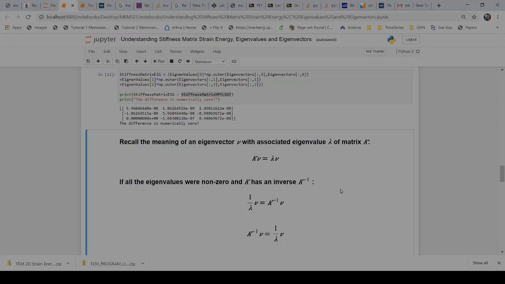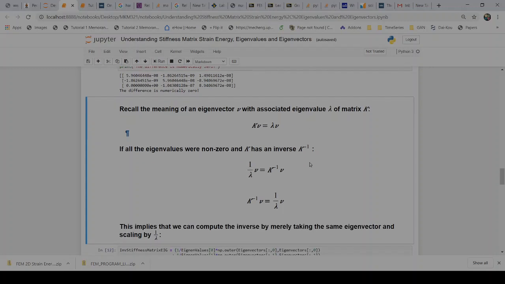There's a nice interpretation of this if I think of it as Kq equals f, but I don't want to go into that for now; I'll leave that comment there for those of you who are interested. But Kv equals lambda v says these are special vectors that only change in length. Normally, if I take a vector and multiply it by K, magnitudes and directions would change. Okay, so that is important to understand.